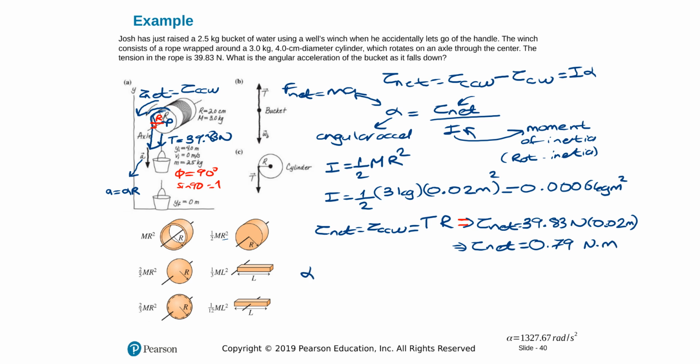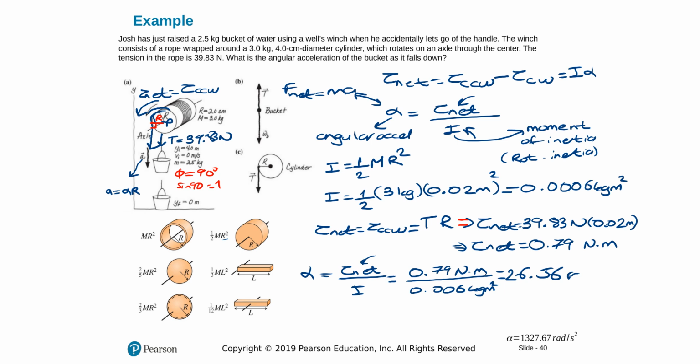Now we're ready to insert all these in alpha. Alpha is equal to tau net divided by I. Inserting those values, we found I to be this value, tau net to be that, so we put them in. 0.79 Newton times a meter divided by 0.006 kilogram meter squared, and that's equal to 26.56.